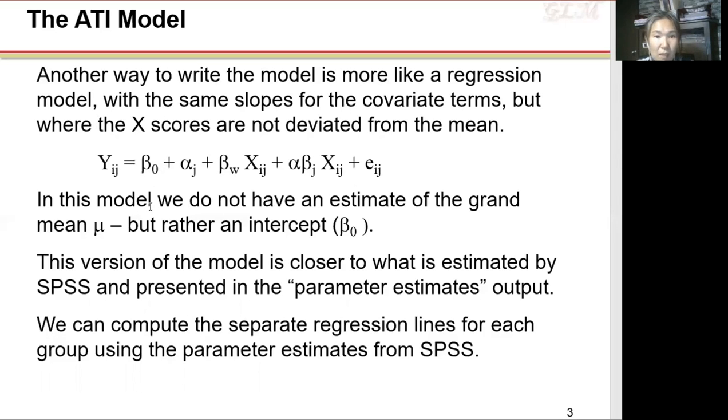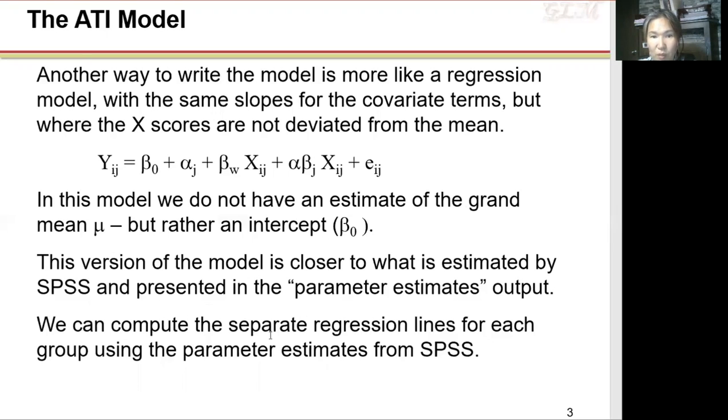In the model, we do not have an estimate of the grand mean mu. Instead of the grand mean mu, we use beta 0. This version of the model is closer to what is estimated by SPSS and presented in the parameter estimates output.